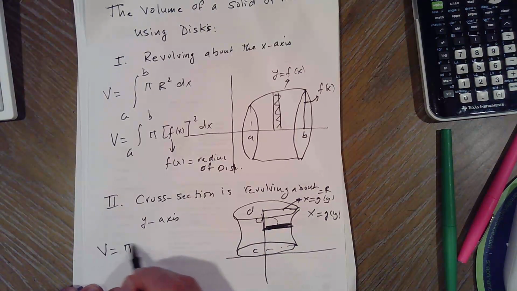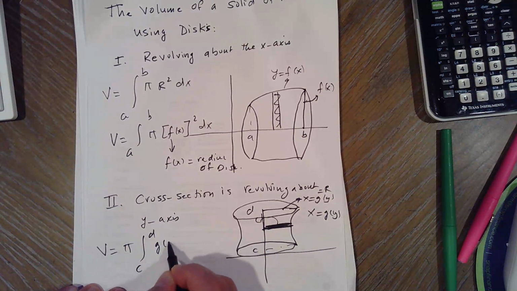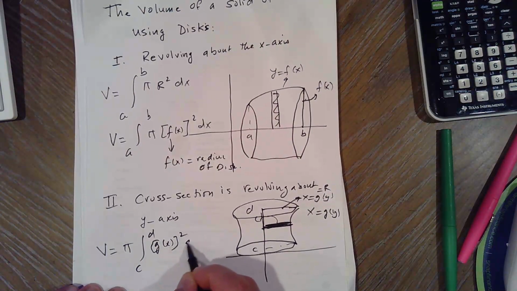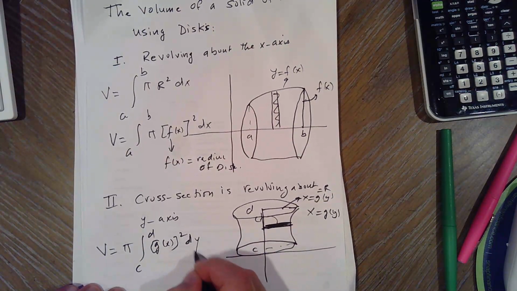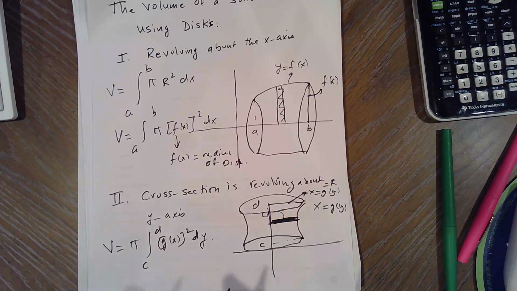So V equals pi integral from c to d of g of y squared, pi r squared, and then the thickness is, in this case, dy. Okay, from the formula for the volume of a disk, pi r squared h.